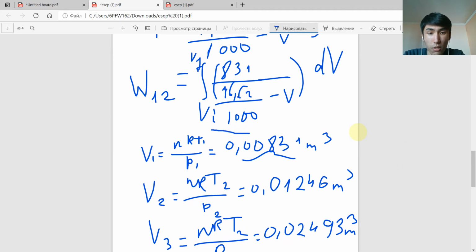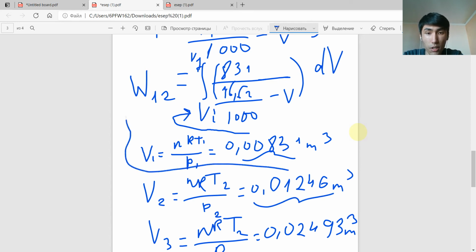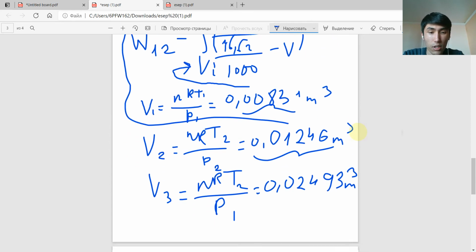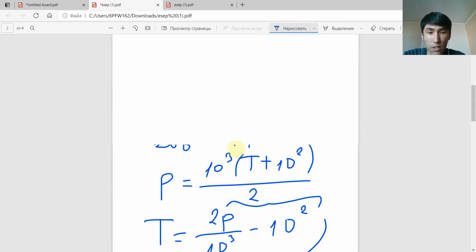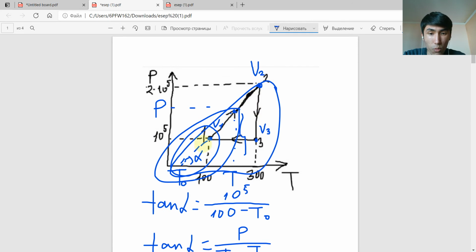Volume 1 will be here, V initial, and volume 2 will be here, right? Because V2 is the final volume in this process, process 1 to 2.